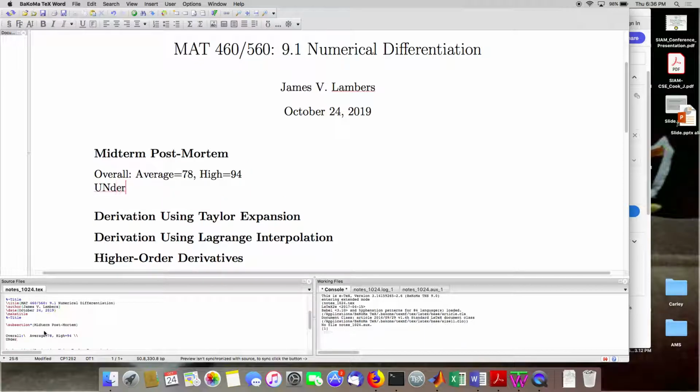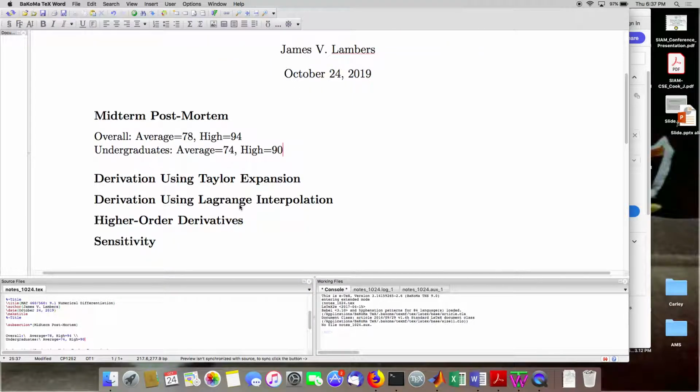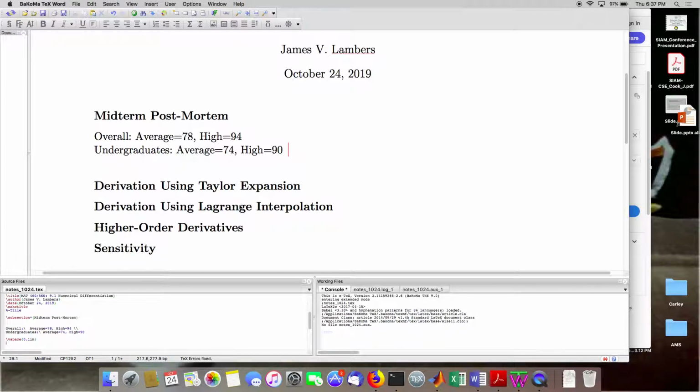If we limit that to undergraduates, the average dips some to like a 74, and the high is 90.